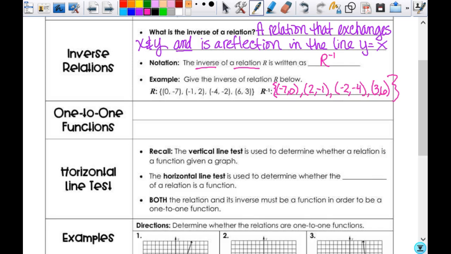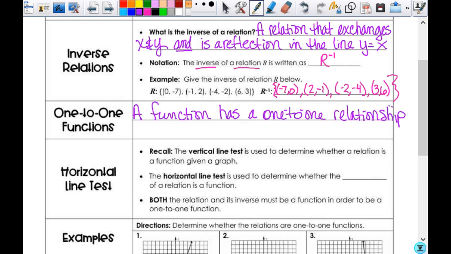A one-to-one function. Okay, so if we're looking to see if something is a one-to-one function, a function has a one-to-one relationship if the relation and its inverse are functions.